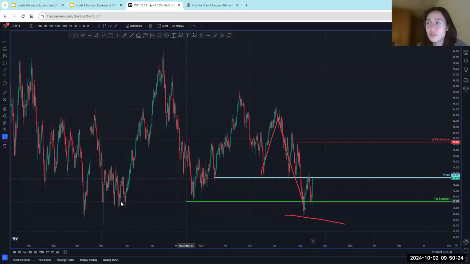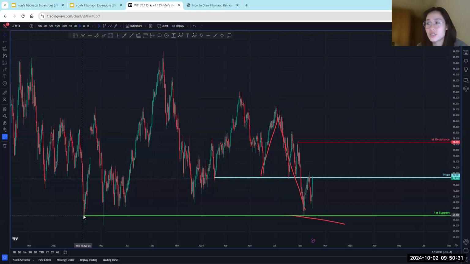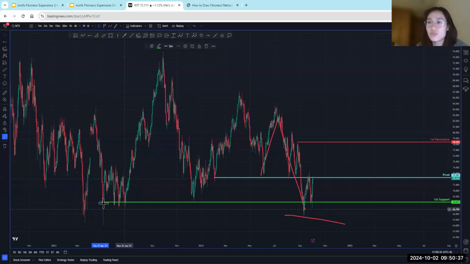And the reason why I'm placing my first support here instead of all the way here is because even though it's kind of a slight difference, you can see how many swing lows line up with this first support, which basically means that prices have reacted off this level many times in the recent past. So I do want to take note of this level.